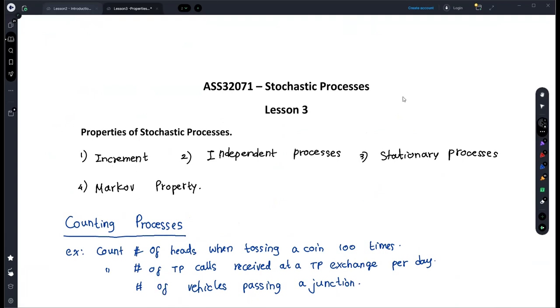The Markov property is the most important one, which means the next state is completely depending on the current state only, right? Whatever happened in earlier states, they are useless, right? So that is the Markov property, right?